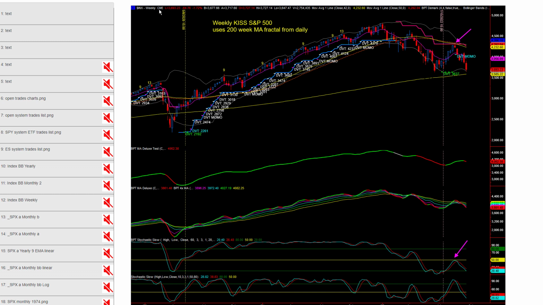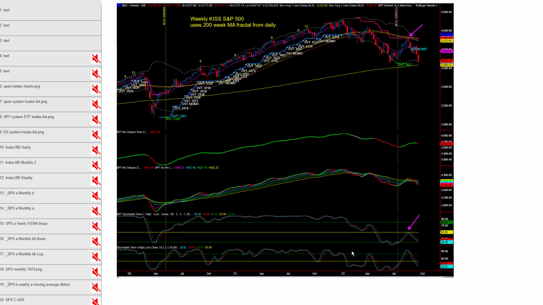So this is the weekly view of our KISS trend system. You can see it caught that trend from the March 2020 timeframe, and then this DVT at 4370 was hit. Zoom out a little bit, it was hit back there in early January and stayed out of that whole downtrend.